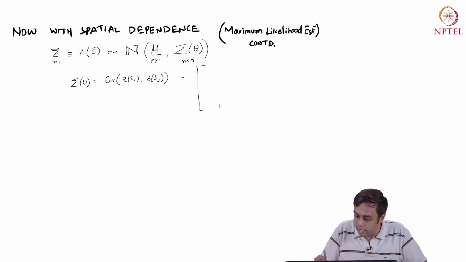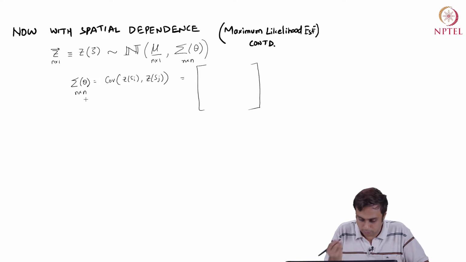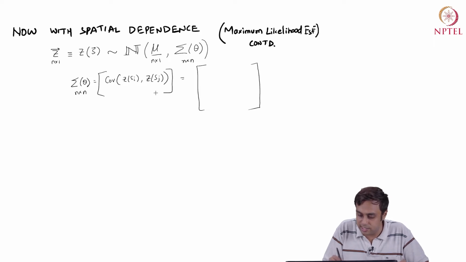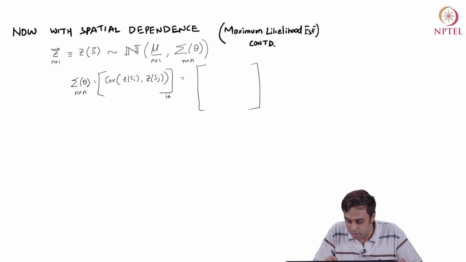If I were to think about the matrix formulation, well, it is an n by n matrix. So, it is really a collection of all covariance Zi Zj, which is just an element where i and j go from 1 to n, right.